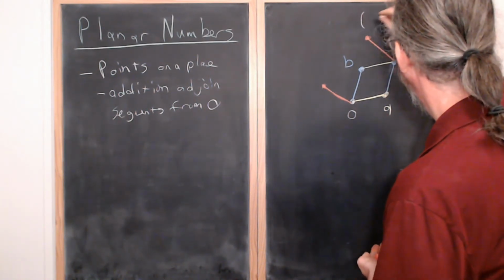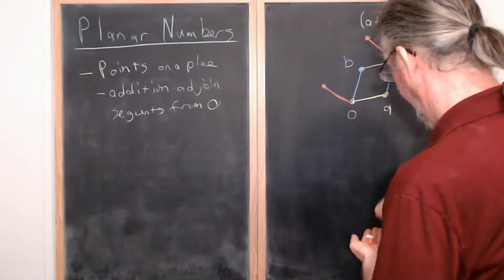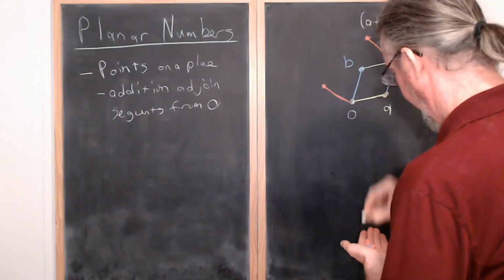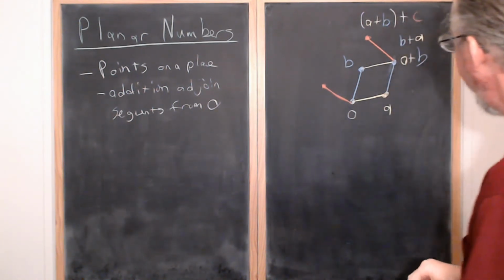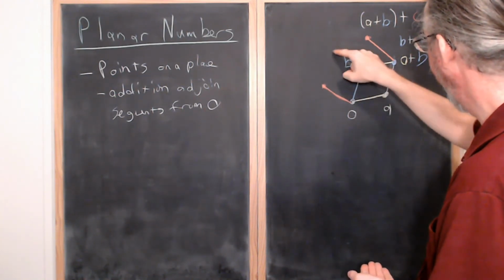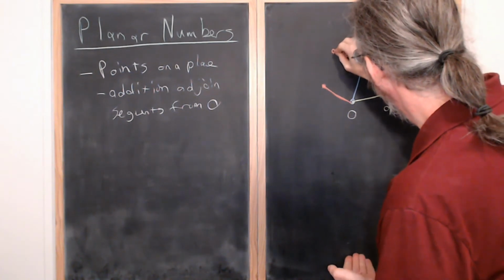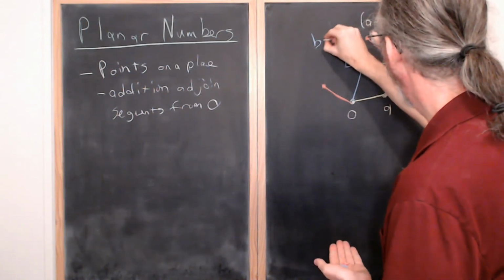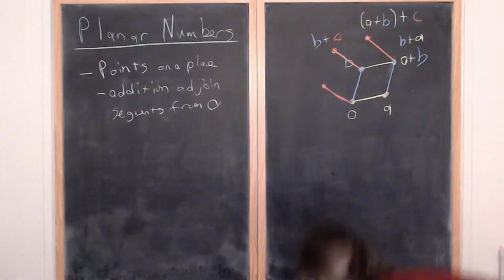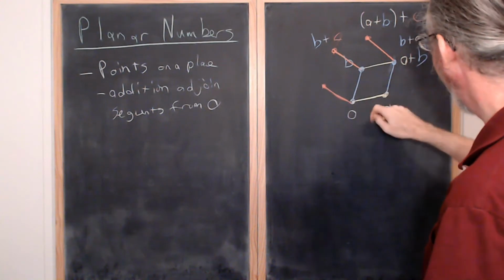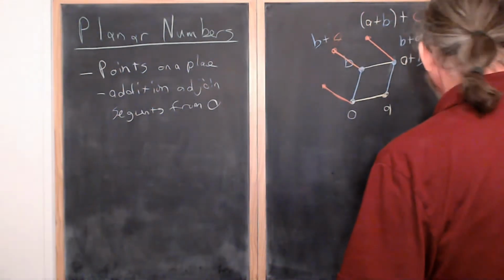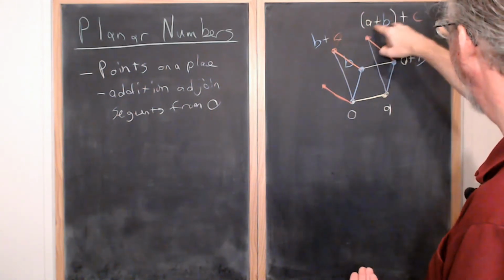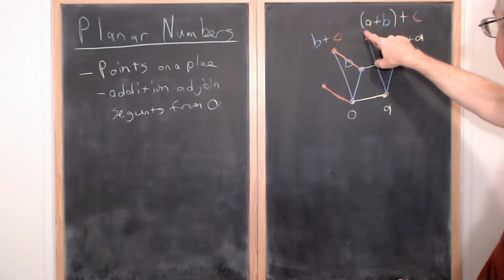So that is A plus B plus C. But I could have also gone B plus C. So that gives me B plus C. And if I drew that right, then if I draw the A direction here, well, if I take this A plus this B plus C, which is purple, now if I take that purple and move that over here, we can see that that's also going to be A plus B plus C.